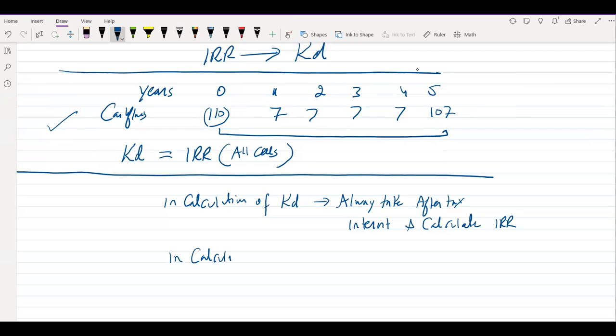But in calculation of market value, always take before-tax interest. Never consider tax in calculation of market value. That's the point, you have to remember this. Take after-tax interest in calculation of KD. Take before-tax interest in calculation of market value. Okay?